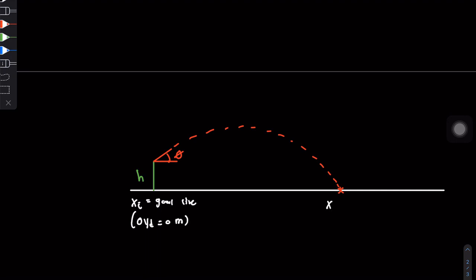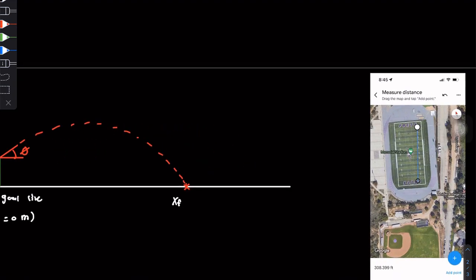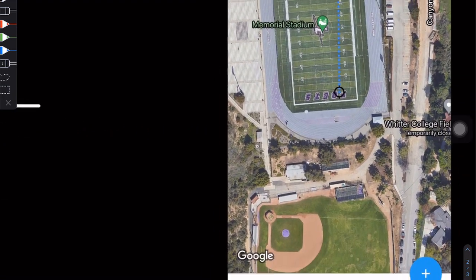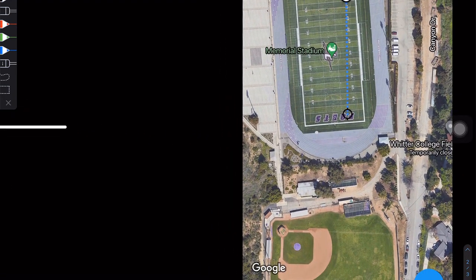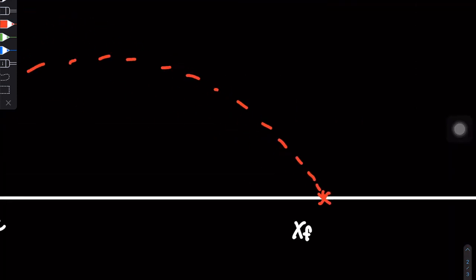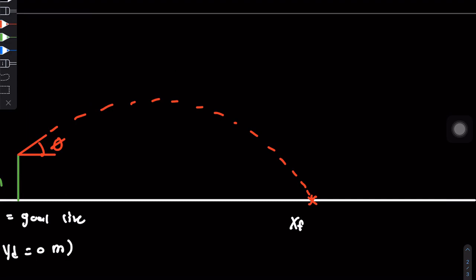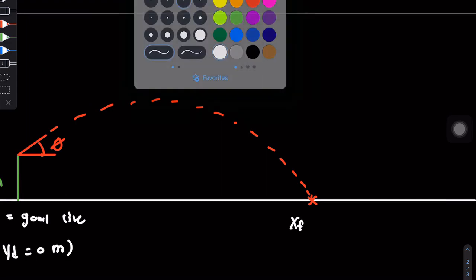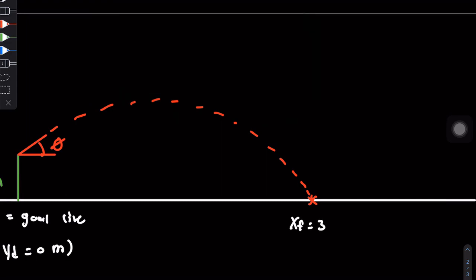And then X final, as shown there, was measured to be 308 feet, which is equal to 94 meters.